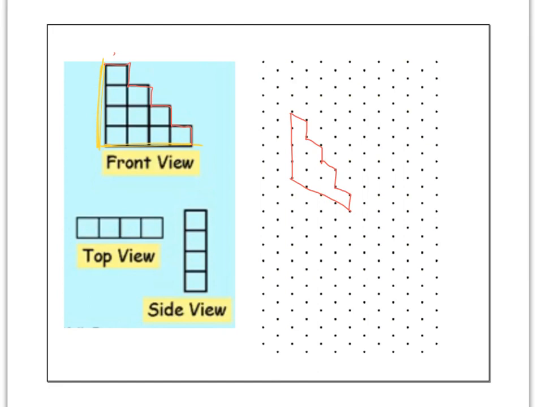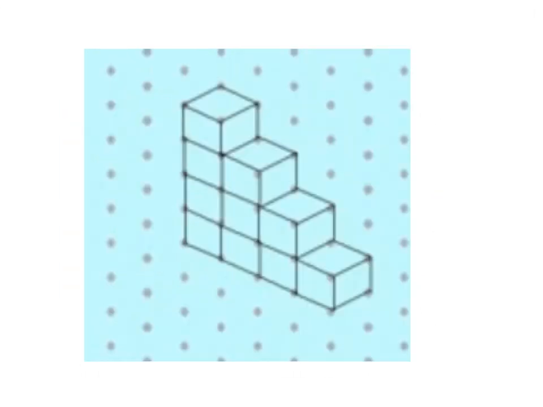And now I think it's only 1 unit wide. So I'm just going to make these all 3D and then connect them. Ta-da! Kind of looks like a staircase. Here's a neater view of what this would look like.